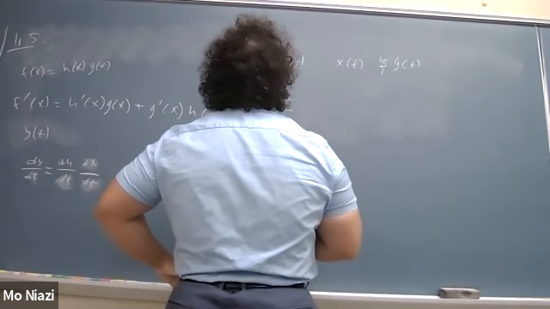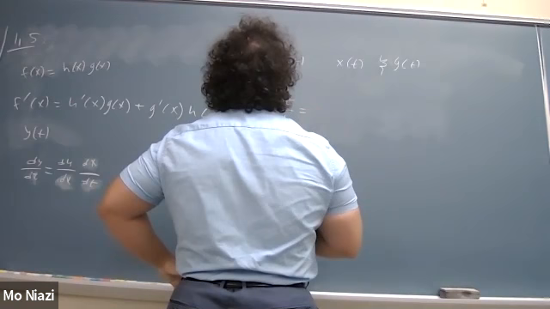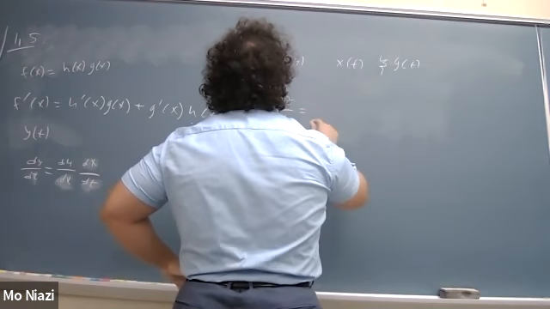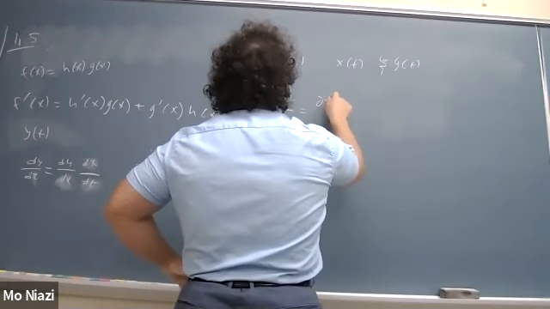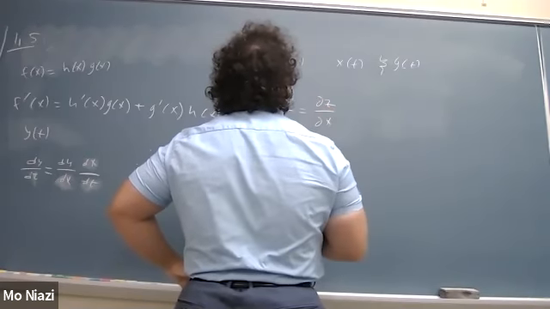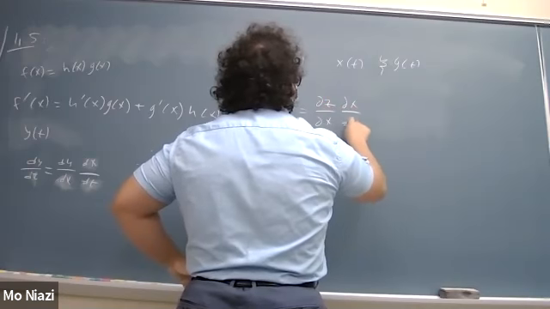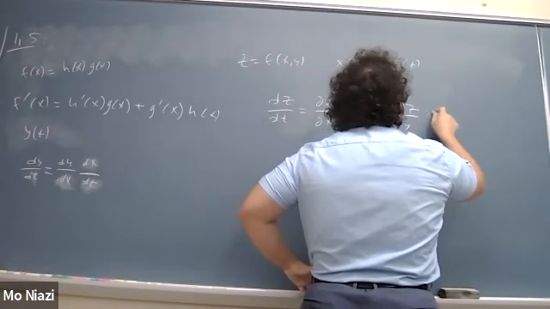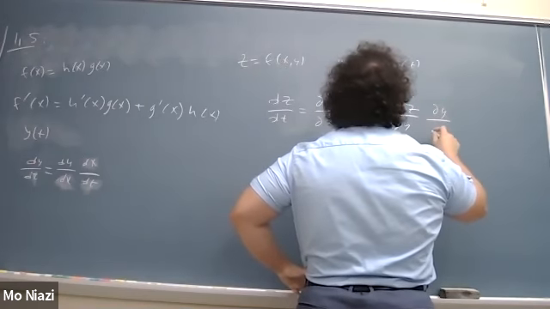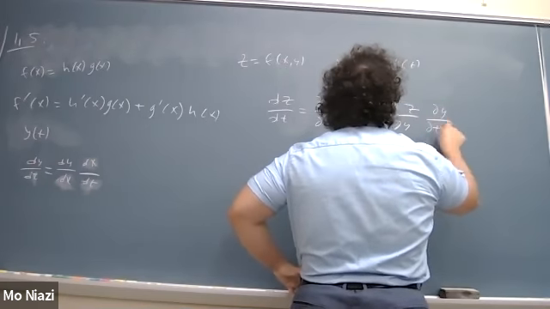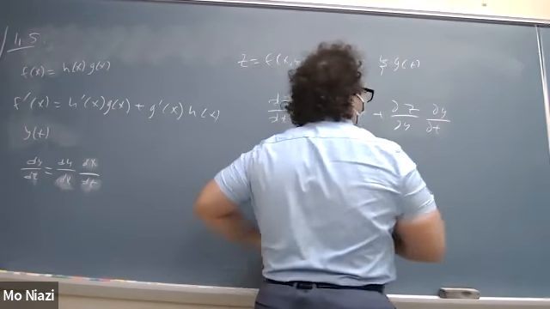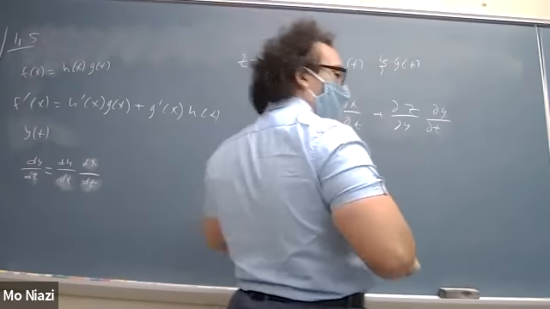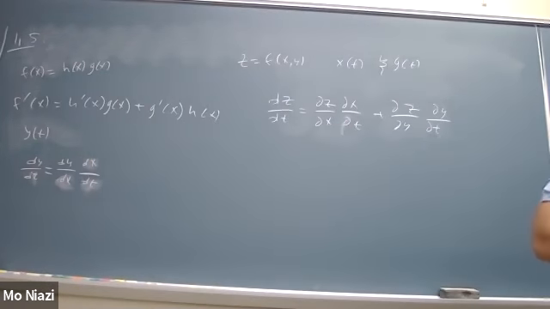So note that dz dt is going to be equal to partial z partial x, partial x partial t, plus partial z partial y, partial y partial t. So you see that the partial x's cancel, and the partial y's cancel, if you will.